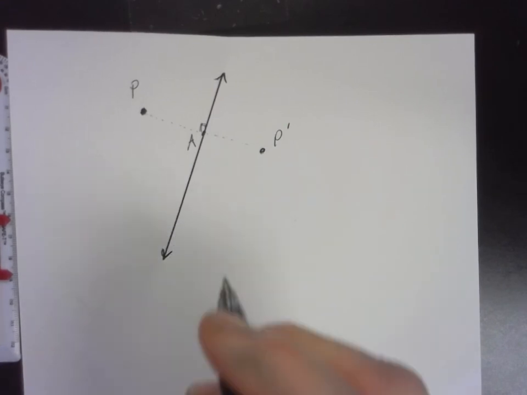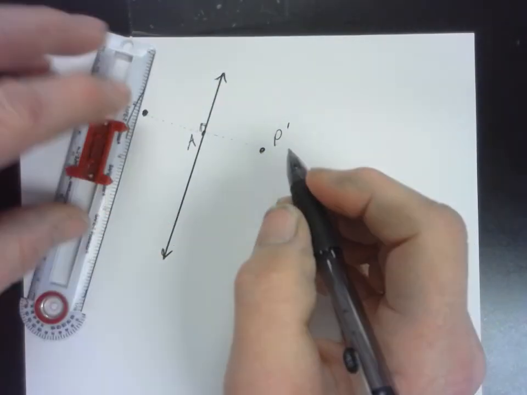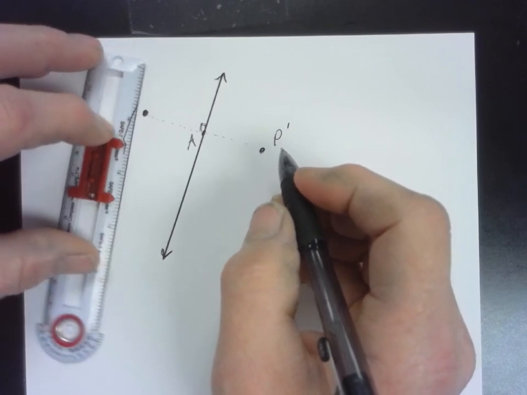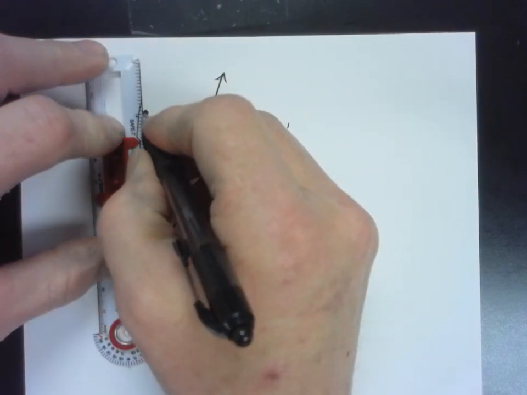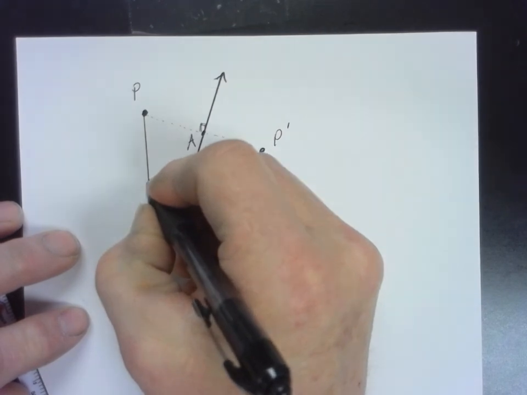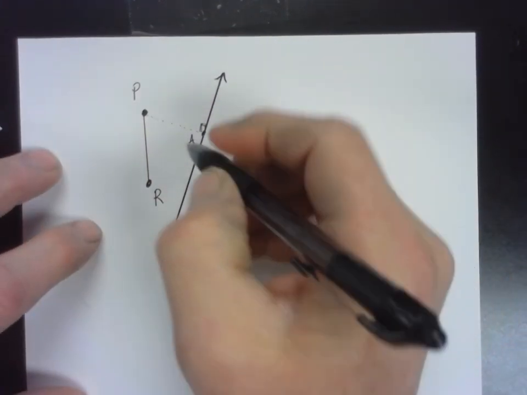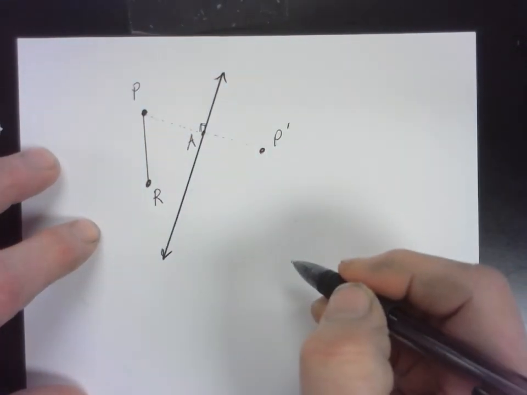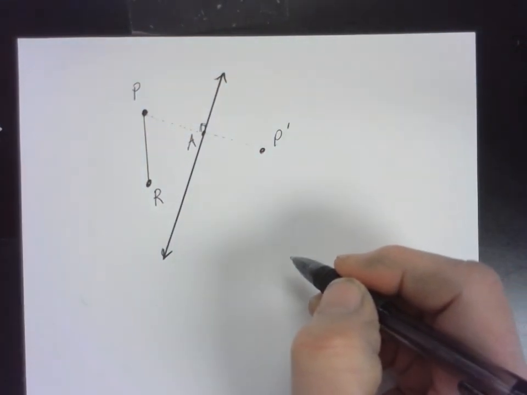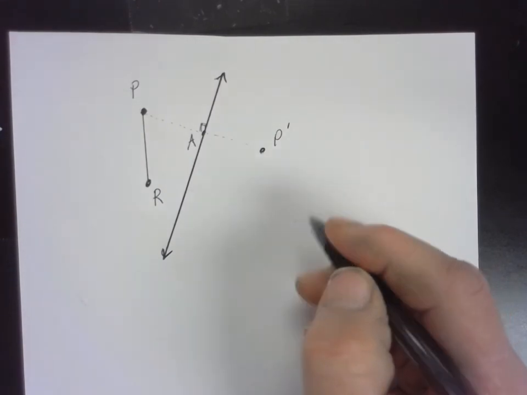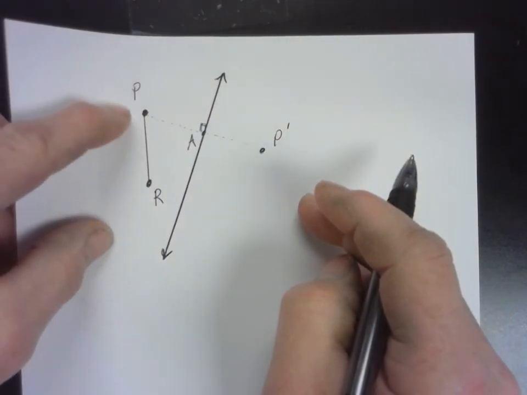Now, if we happen to have a figure rather than just a point, let's say we had a segment. Let's say we have a segment right here. We'll call it PR. How will we reflect this segment? One point and then another point. Exactly. We don't reflect the segment.